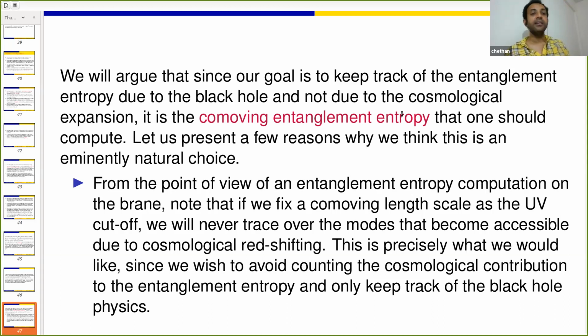One reason is that computing the co-moving entanglement entropy means you have a fixed cutoff in the co-moving scale. That means modes that get redshifted because of cosmological evolution you're never going to trace over from the brane point of view, which is precisely what we would like if we only want to calculate the black hole contribution to the entanglement entropy. That's a brane world reason.